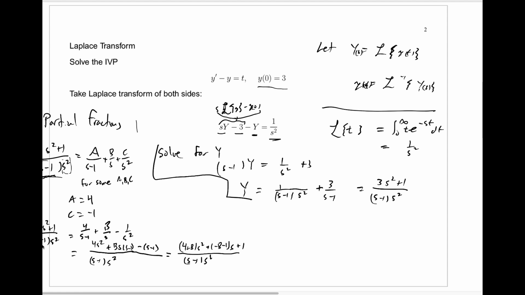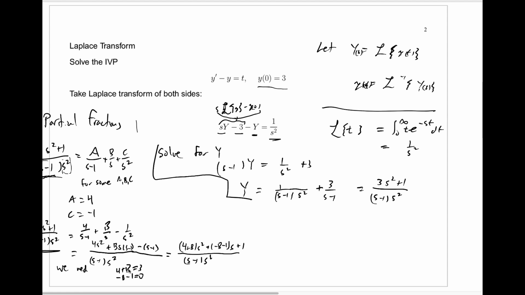Now this has to equal our original fraction on the left, so that since the denominators are already the same, the numerators have to be the same. Well, notice the plus 1 already matches the plus 1. We have the constant term correct. We need 4 plus B, the coefficient on s squared, to be 3, and 0, which is the coefficient on s, has to be minus B minus 1.